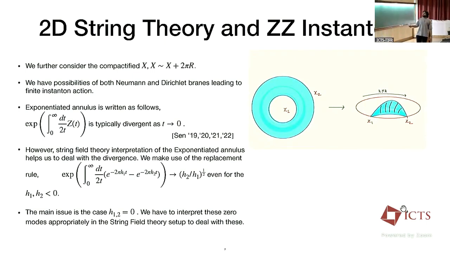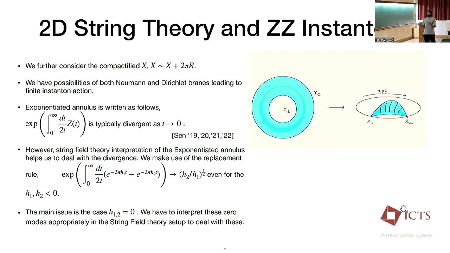This is the replacement rule devised by Ashok in these references a few years back. This replacement rule basically helps us to make sense of this integral even when we have these terms in Z of t, e to the minus 2 pi h_1 t, for h_1, h_2 negative. The main issue comes when these are 0, and these are called the zero modes.